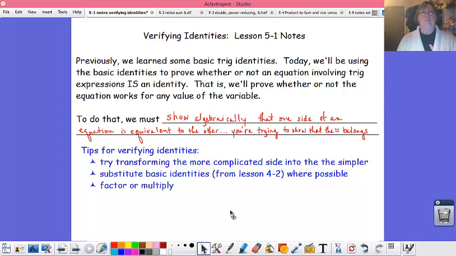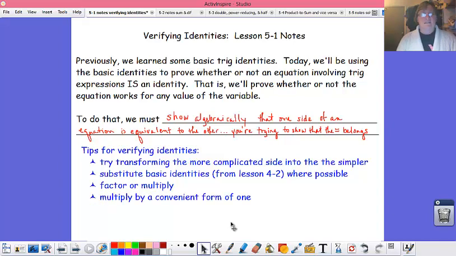A third tip: remember factoring or multiplying. It may be possible for us to factor trig expressions using the same techniques that we would use to factor other quadratics, or multiply, of course.